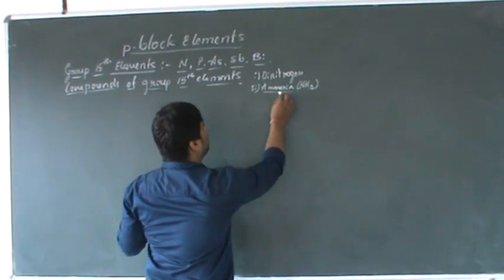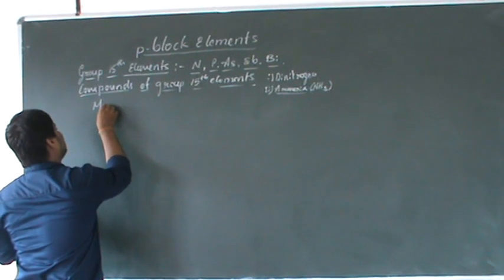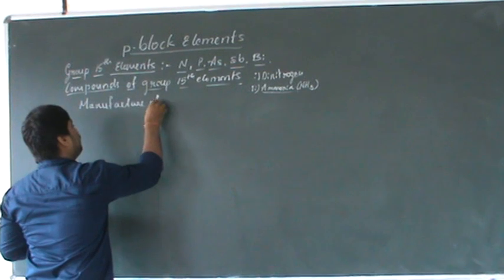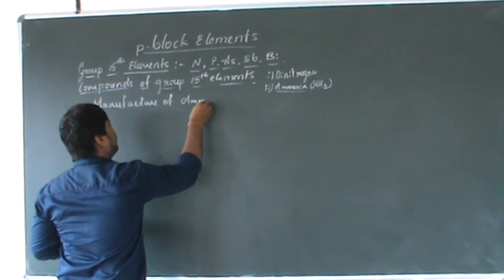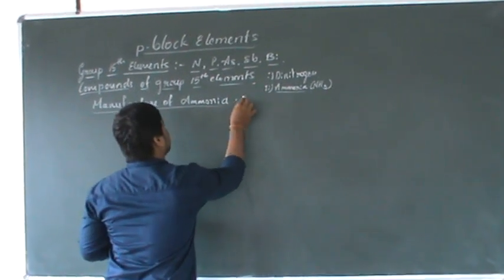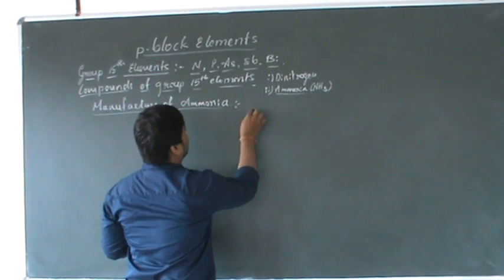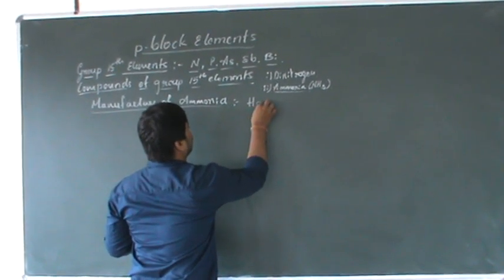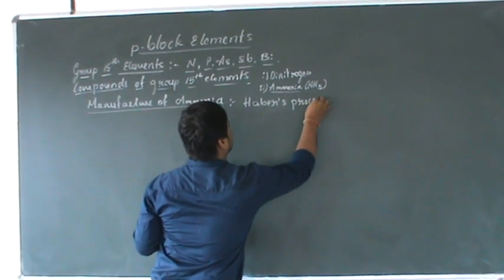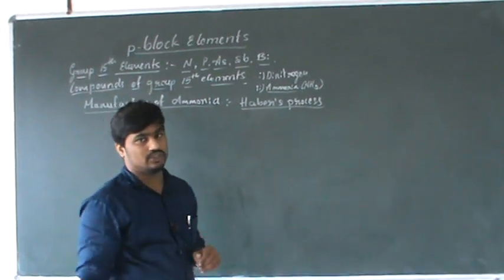Since this is on an industrial scale, it is known as the manufacture of ammonia. It was explained by Haber, therefore it is known as Haber's process: manufacture of ammonia using Haber's process.